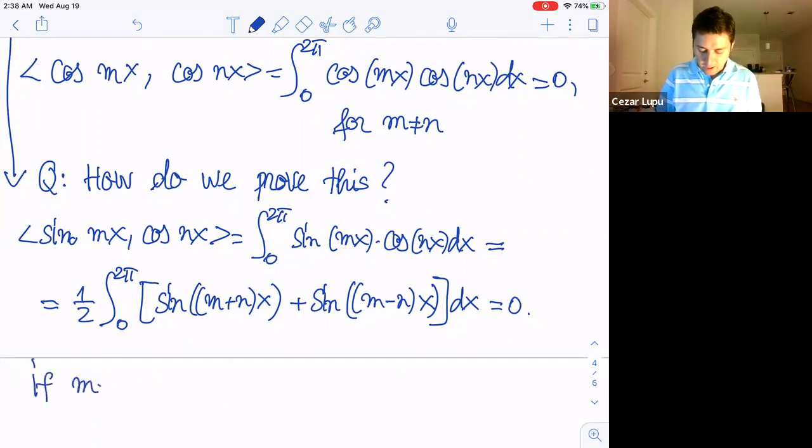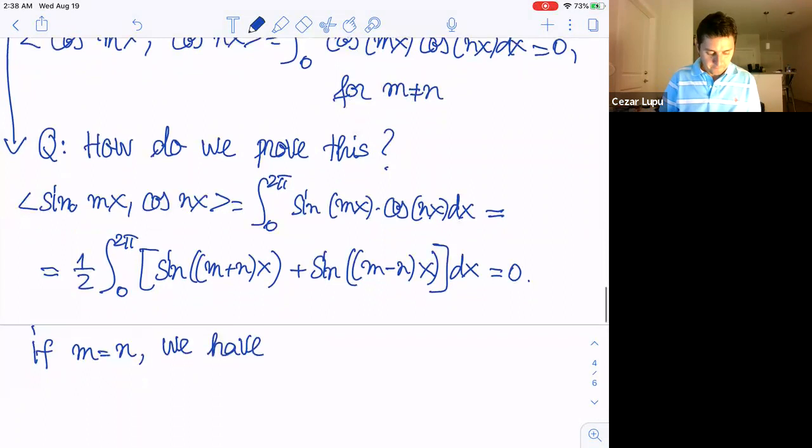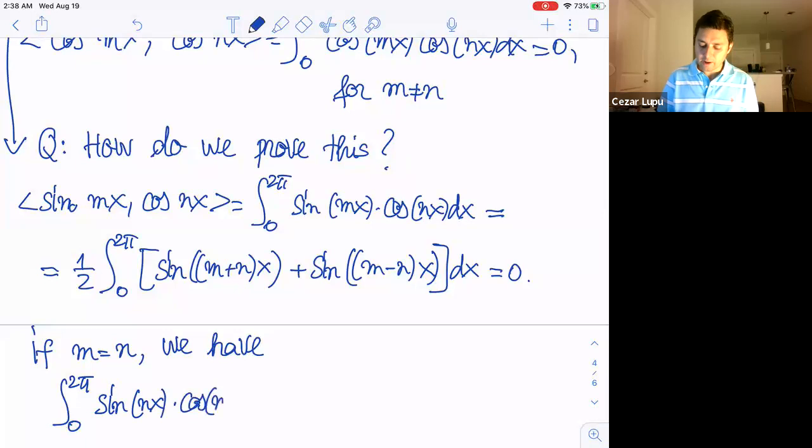And now if m equals n, we have the integral from 0 to 2 pi of sine of nx times cosine of nx dx.